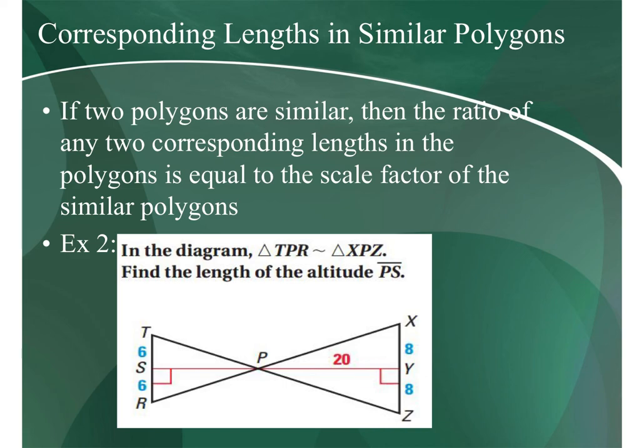Okay. Corresponding lengths in similar polygons. If two polygons are similar, then the ratio of any two corresponding lengths in the polygon is equal to the scale factor of the similar polygons. Please underline two corresponding lengths.